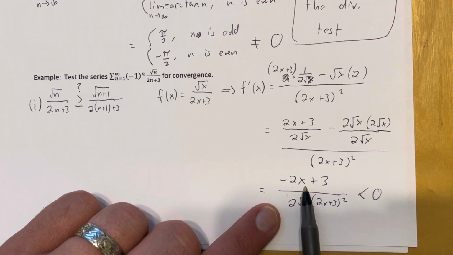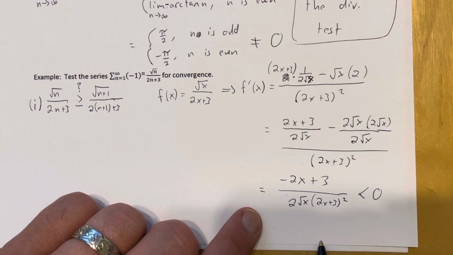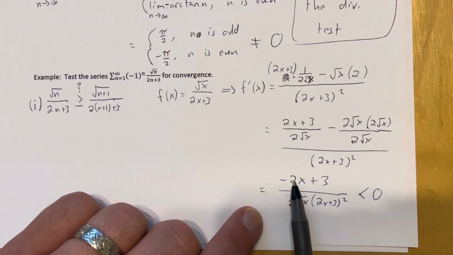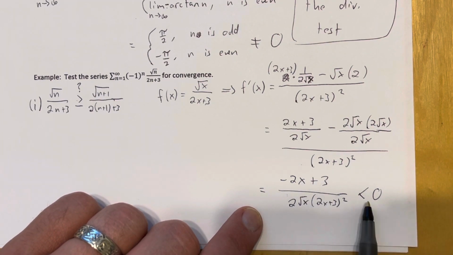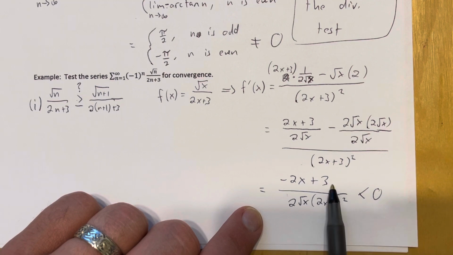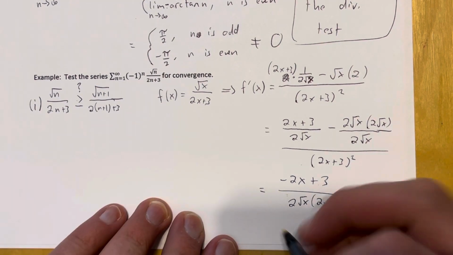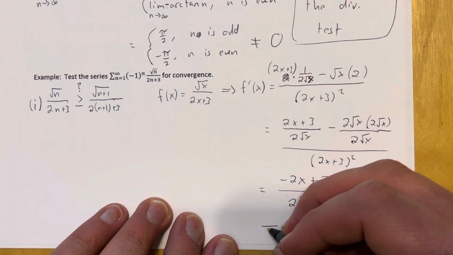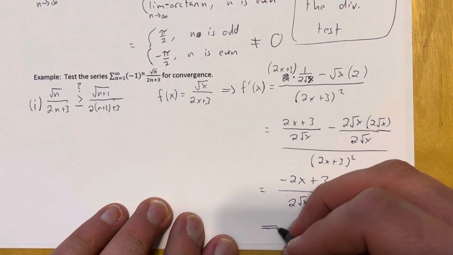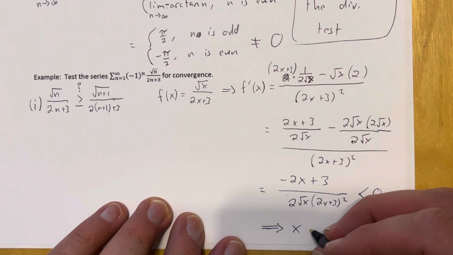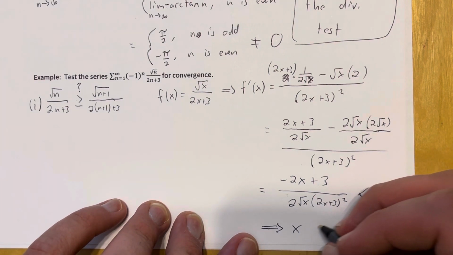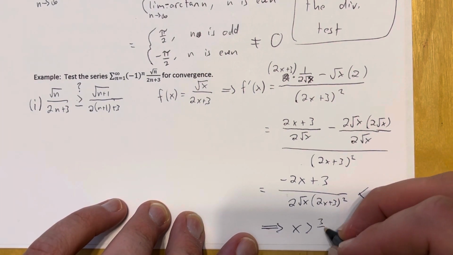So this expression will be negative only when my numerator is negative. But that means I can take this negative 2x plus 3 and set it so it's less than 0 and then solve for x. If I do that, I'm going to get x is, what would that be? It's going to be greater than 3/2.